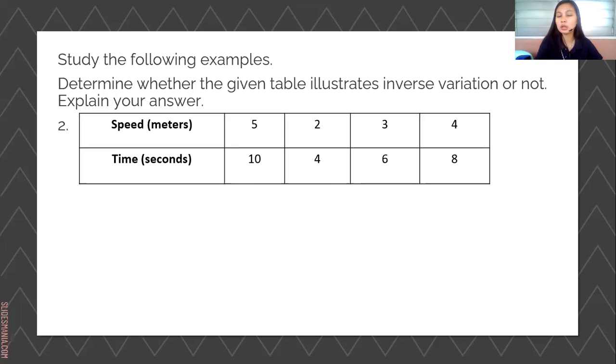Okay? And actually makikita nyo siya dito sa table na rin. Kung napansin nyo po, as the speed or the meters po na kumbaga hindi siya constant na bumababa, hindi siya constant na tumataas. Kumbaga inconsistent po siya. Okay? Eh 'di ba dapat po kapag kay inverse, kapag once sa pataas yung isa, dapat pababa yung kabila.